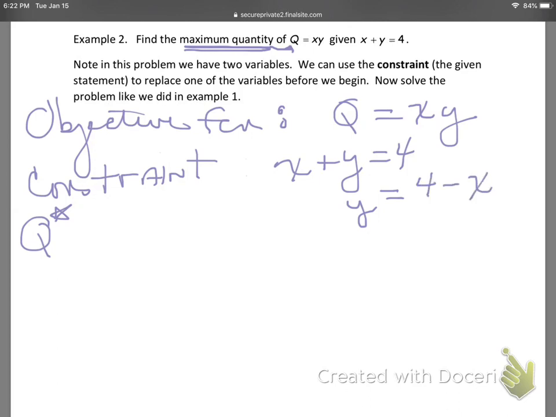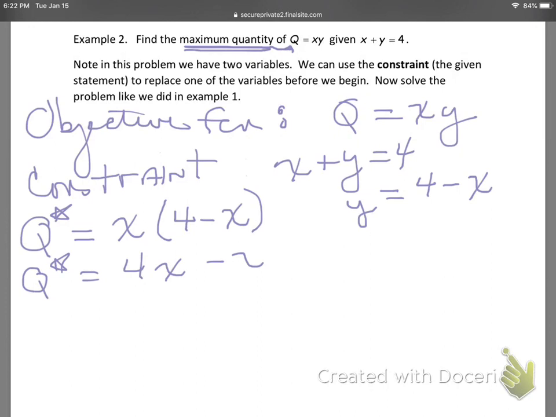So my objective function modified by the constraint equals x, that doesn't change, but now y is 4 minus x, and since it is not a monomial, it's a binomial, I'm going to put it in parens because that x gets multiplied by both the 4 and the x. Let's go ahead and do that multiplication because it's going to make our problem easier. You could do it as a product rule, but why do that? So this is what I have for my new and improved objective function.